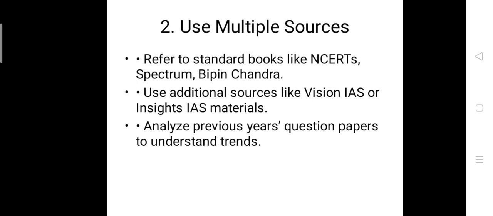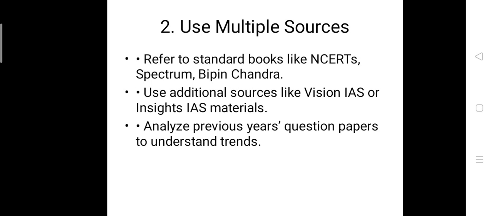Second is to use multiple resources and refer to standard books like NCERTs, Spectrum, and Bipin Chandra. My suggestion is that if you are going with Spectrum, you need not read Bipin Chandra; you can use it for revision. But if you go through NCERT, it gives the basic structure. It is very crucial to pick one book and read it multiple times and do revision.